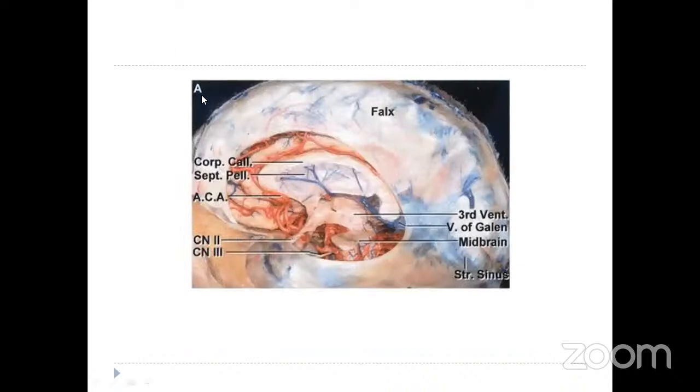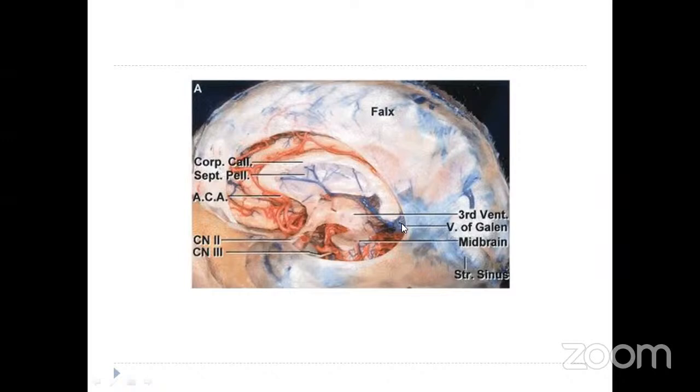This is another diagram which shows the relationship of the third ventricle with the corpus callosum and the septum pellucidum. As we can see, the roof of the third ventricle is formed by the septum pellucidum, and above the septum pellucidum lies the corpus callosum. Posteriorly, the vein of Galen is present at the posterior part of the third ventricle.